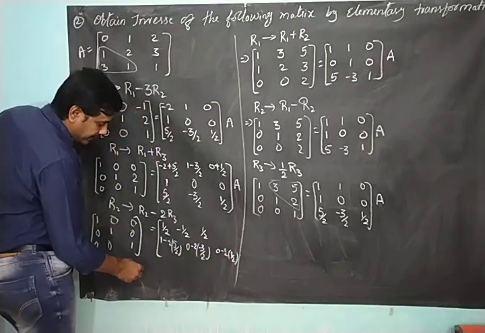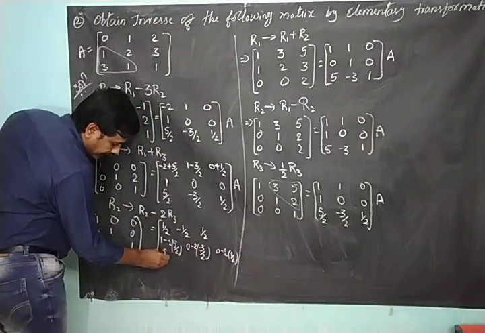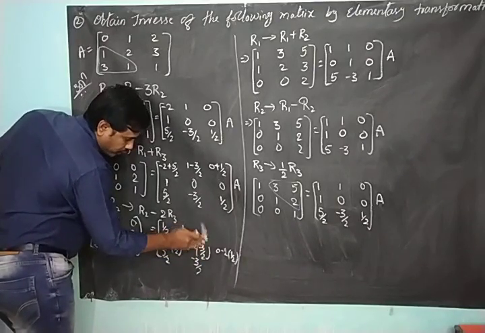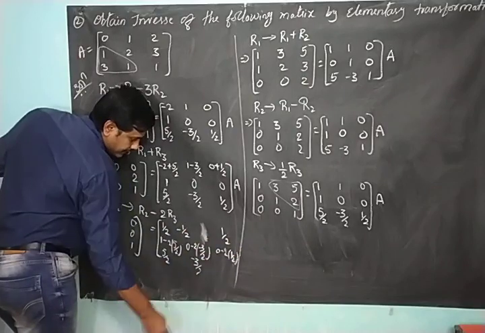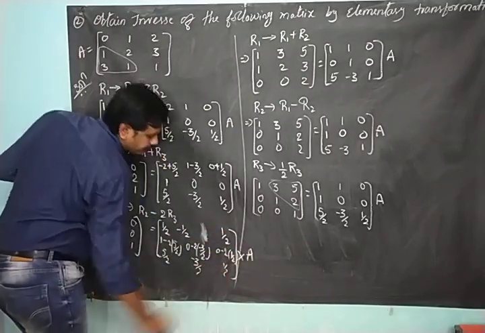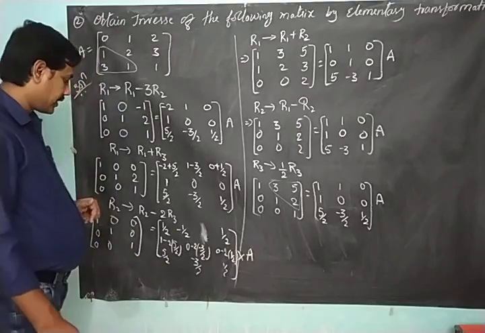That is what we get here. Then this is 5 by 2 as it is, minus 3 by 2, this 1 by 2 we can write here, and 1 by 2 into A. Okay, so I hope this one is clear.